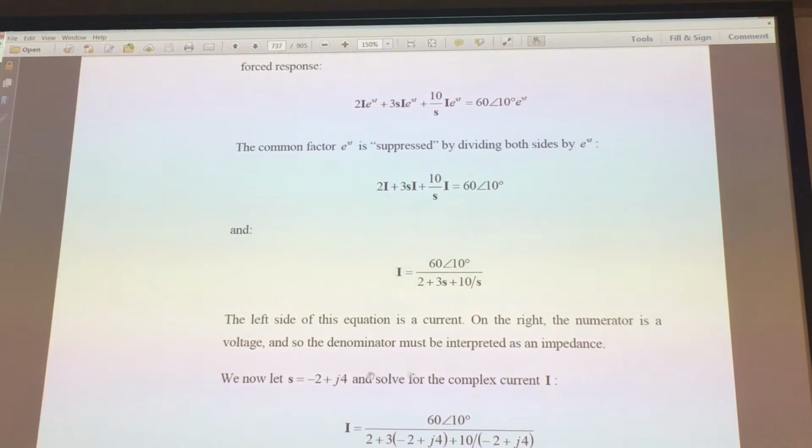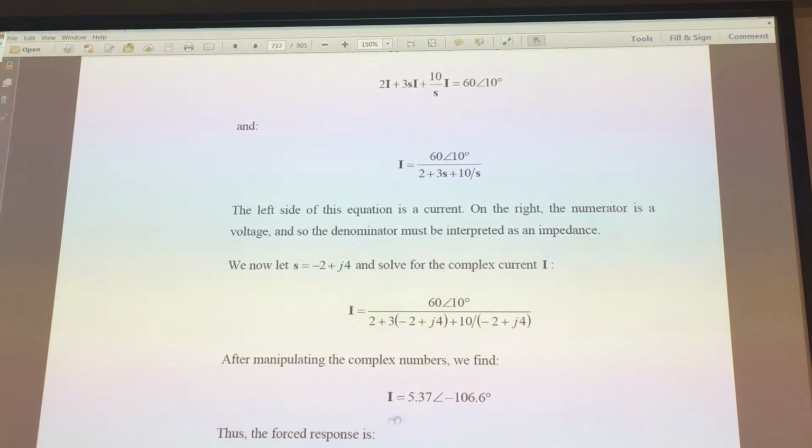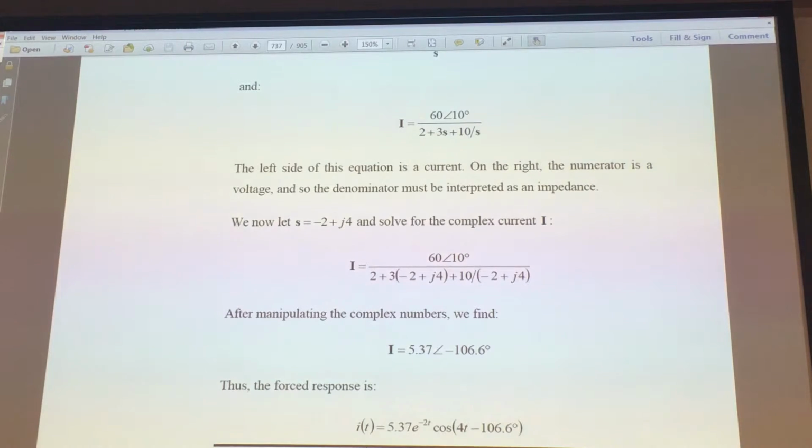So when we put s as minus 2 plus j4, we can solve it, okay? And we get the normal phasor expression for the current. So we have its magnitude, and we have the angle. So we can easily now write down the response in the time domain.